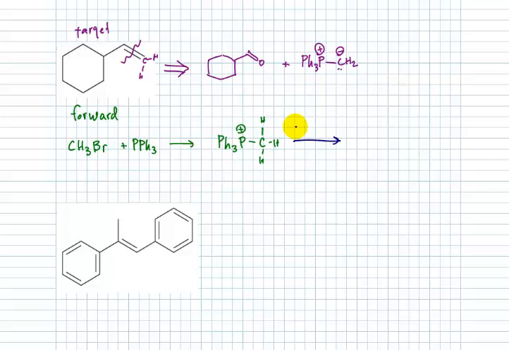Then we need n-butyllithium, which is a base that will deprotonate that carbon there, giving us Ph3P+ CH2−.